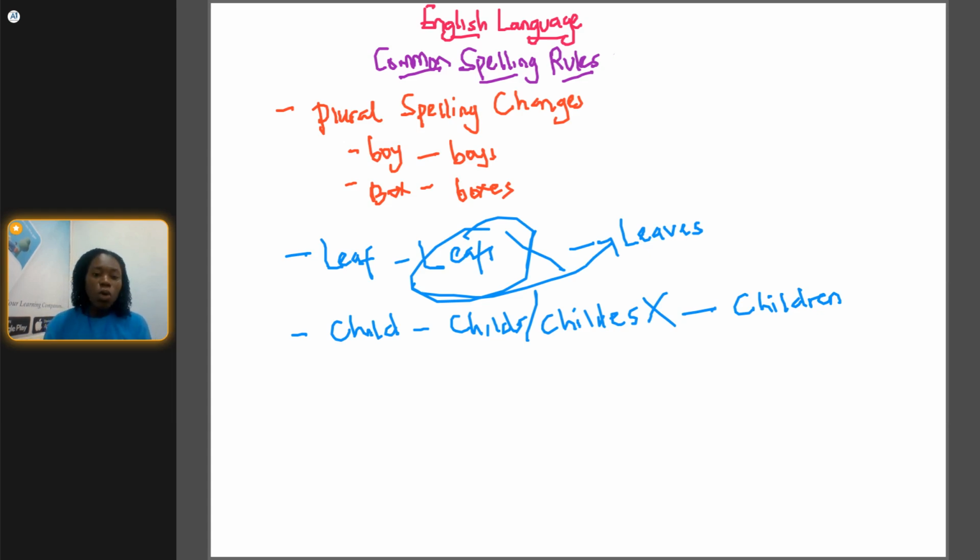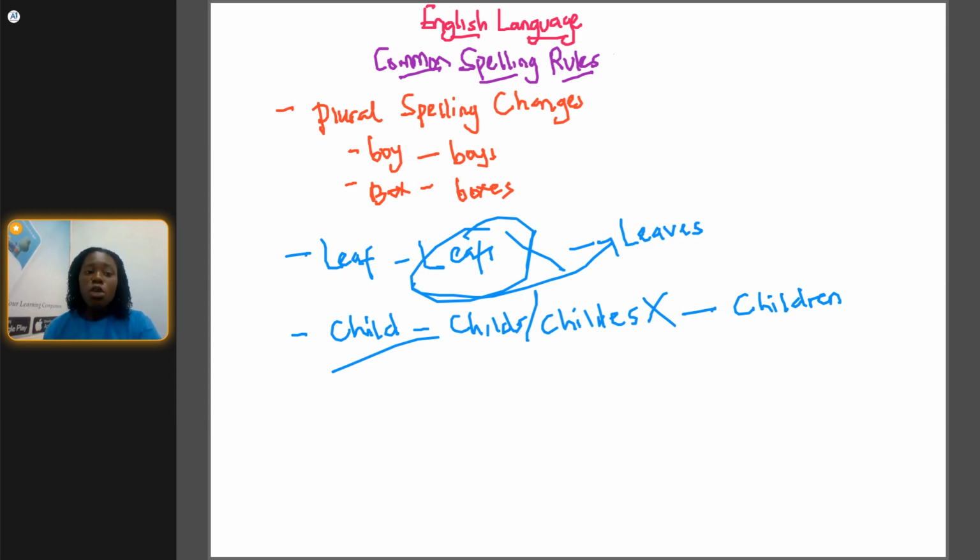And sometimes you're just wondering, where does this suffix come from? Because of course we can see the word child, we know the meaning of child, and we need to pluralize it. Usually we should just add s or es to it, but this set of words that we are dealing with change their entire form. That means they change their spelling. That's what we mean by plural spelling changes.